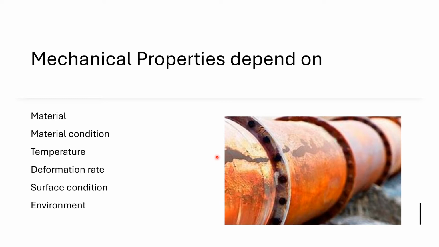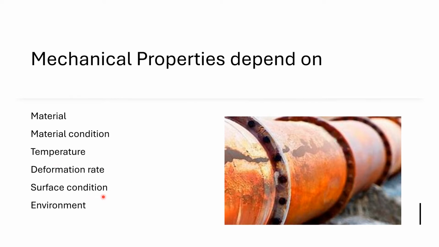Then, when you think about the mechanical properties, we see they depend on these things. The first one is the material itself, material condition, meaning the conditions of the material, the temperature of that material, deformation rate, how fast or slow the material can deform, and the surface condition of that material.